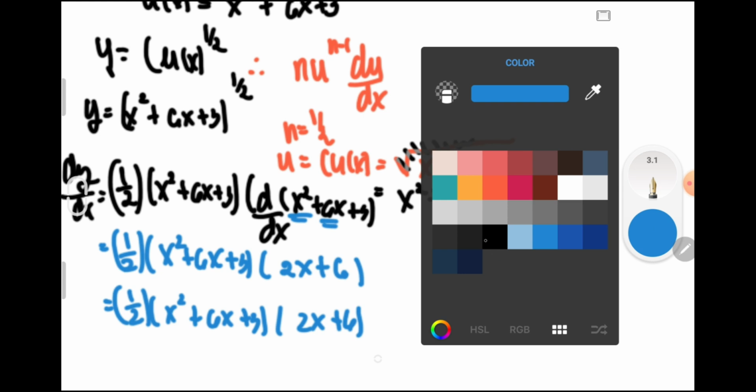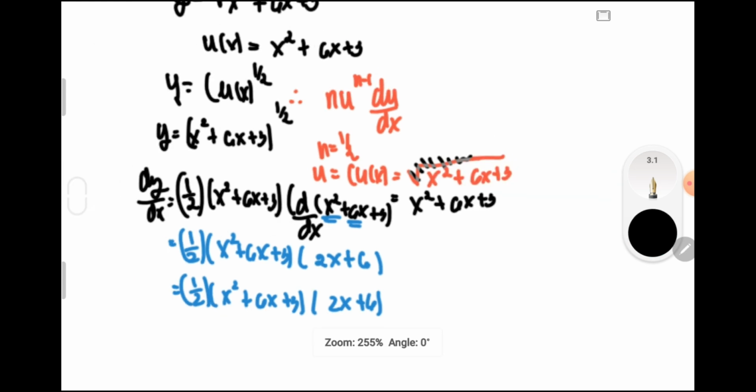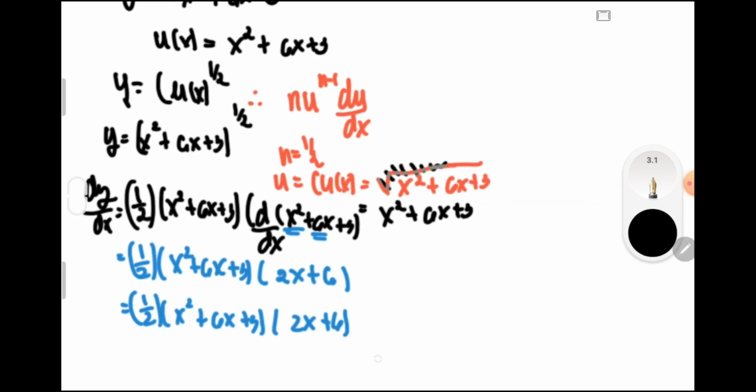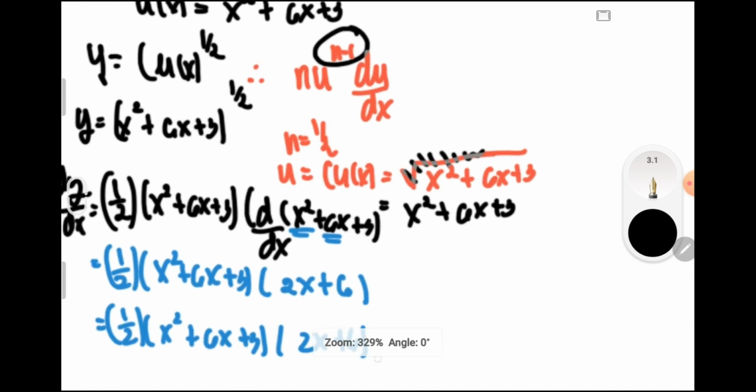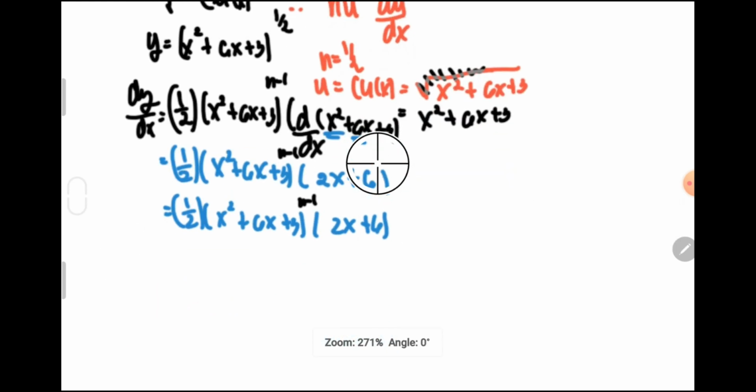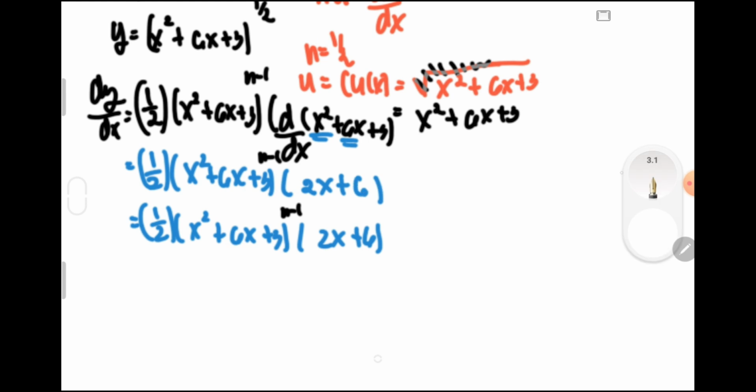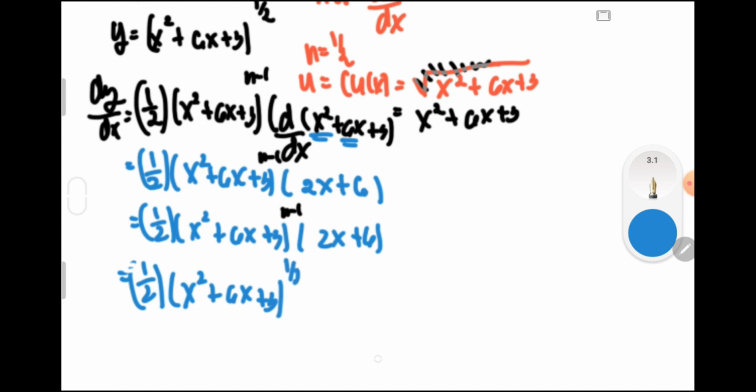But wait, we forgot to have this term, which should be here. So n minus 1, which means that it is equal to 1 half multiplied by x squared plus 6x plus 3 multiplied by our n, which is equal to 1 half minus 1, multiplied by 2x plus 6.